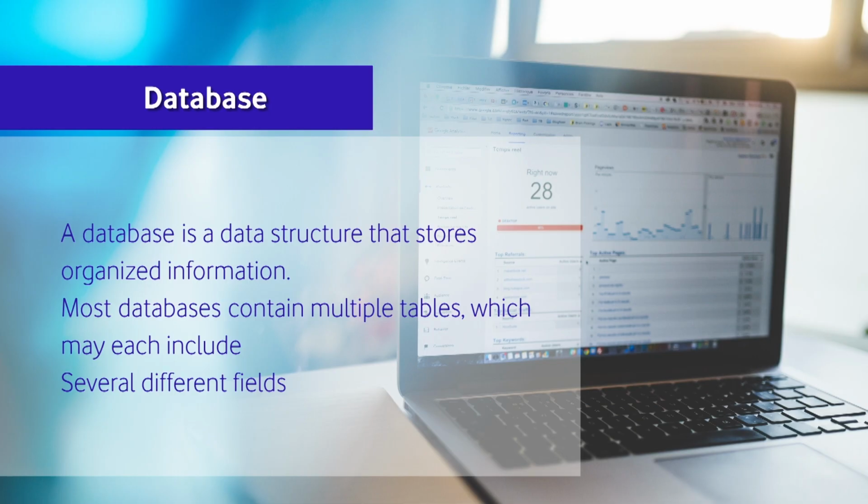So, now let me formally define the database. We can see a database as a structure that stores organized information, and that organized information is somewhat related to each other. It means the organized information related to some specific application can be seen as the database of that particular application.